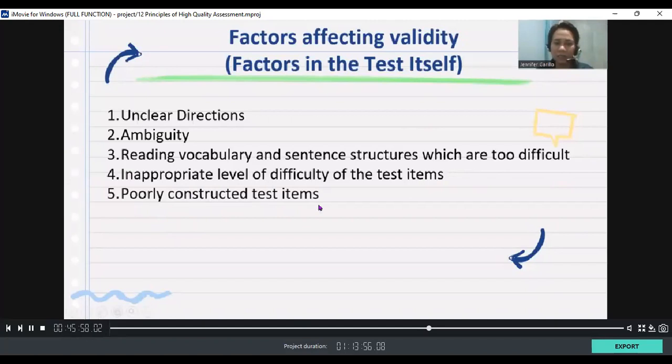Poorly constructed test items. Let's say, for example, what is the capital city of the Philippines? You would say Tokyo, Kuala Lumpur, Singapore, and Manila.